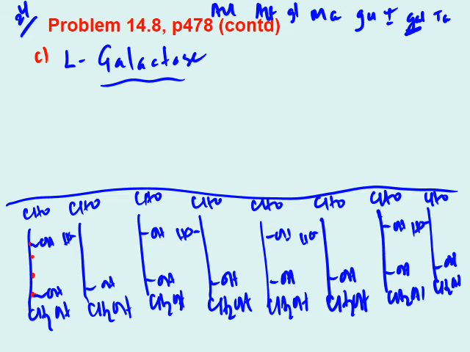Then 2 right, 2 left, then 2 right, next to right, next to left. Then I would have 4 right and 4 left.